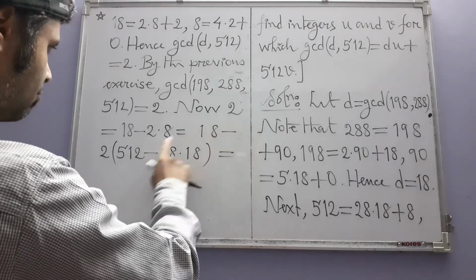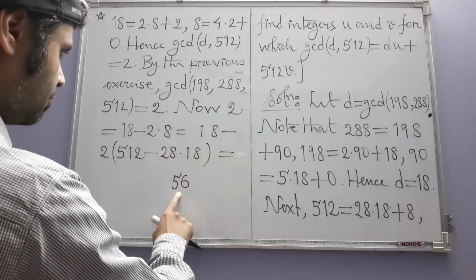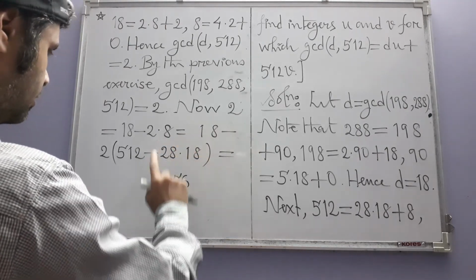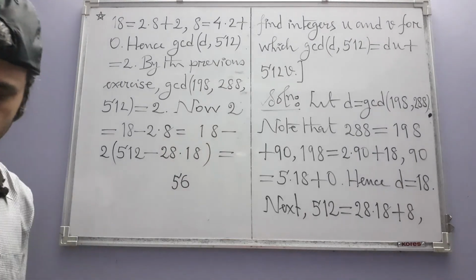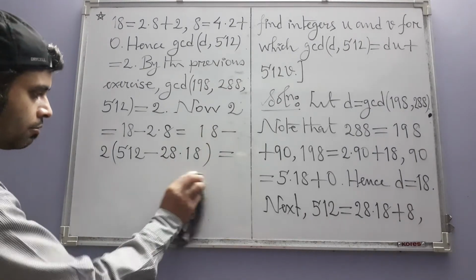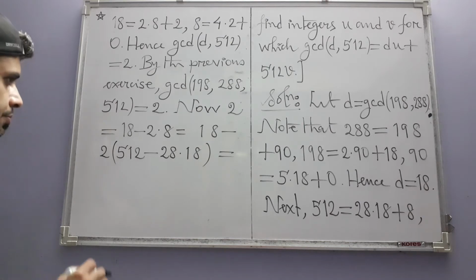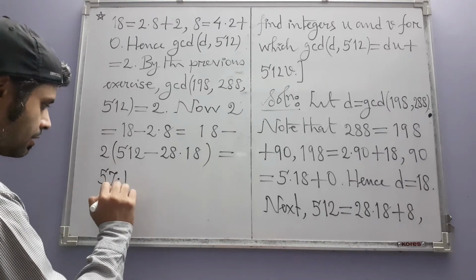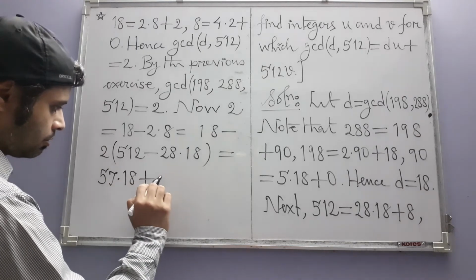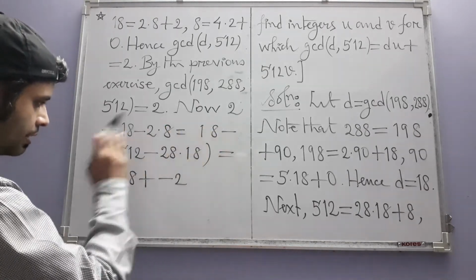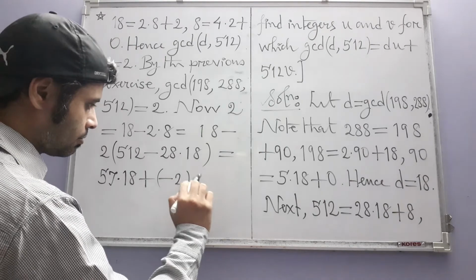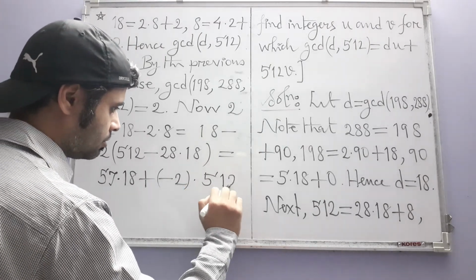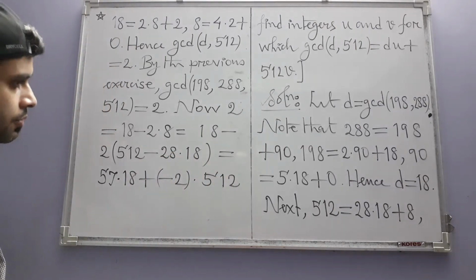But we already have one minus and another minus, so 56 plus 1 is 57. So this is equal to 57 times 18 plus minus 2 times 512. Okay.